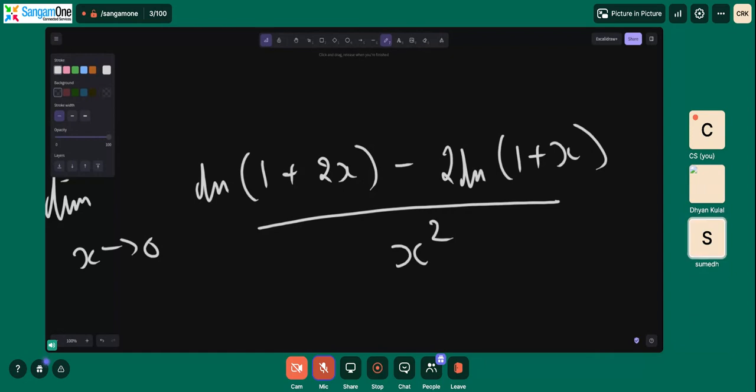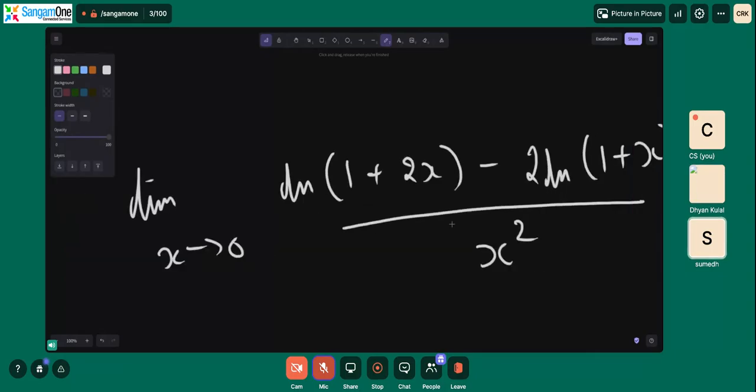Can you solve this for me? Or should I do this sum and from the next sum onwards we will try ourselves? Okay, we will solve this. First of all, before applying the rule, you have to see whether we can apply the rule or not.